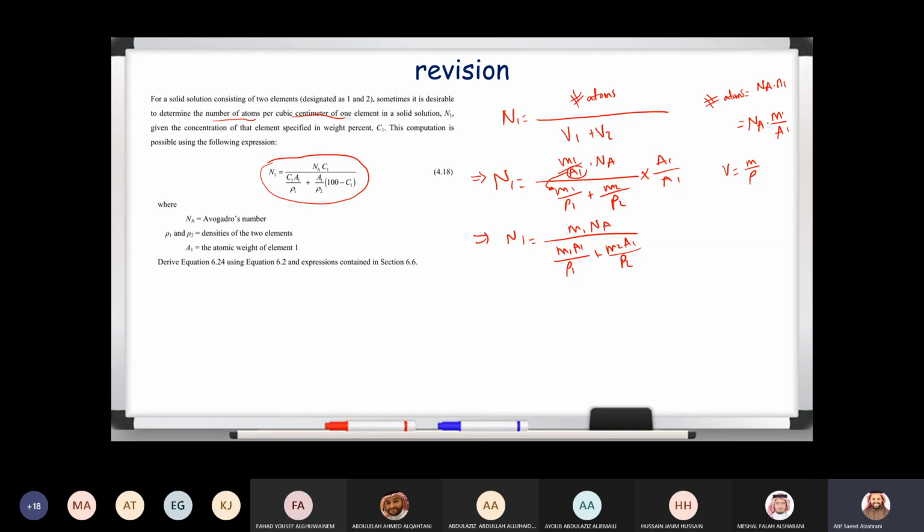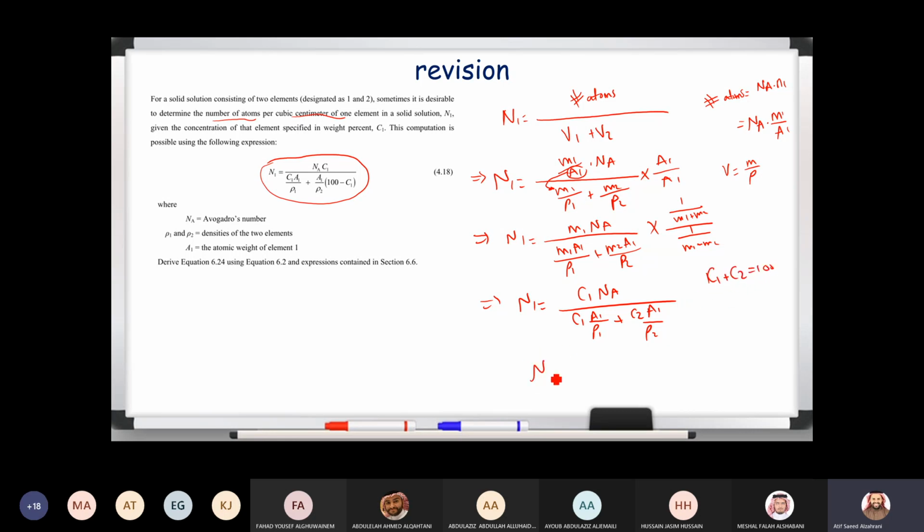And then what we can do is to basically multiply by M1, M2, like what we have done before. You will end up with the result of N1 is equal to C1 Na over C1 A1 over rho 1 plus C2 A1 over rho 2. And we know that the C1 plus C2 is equal to 100.